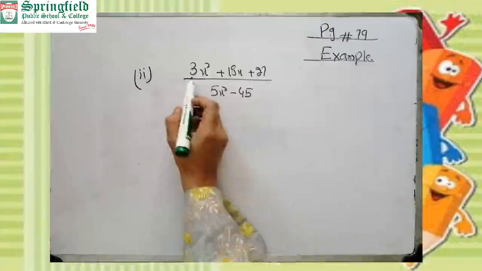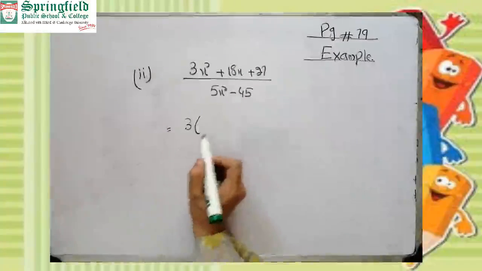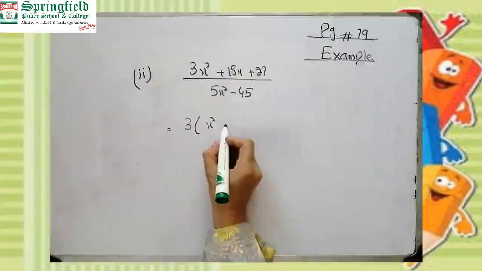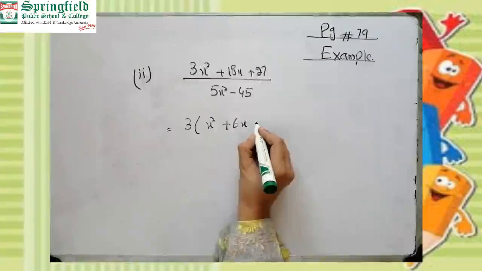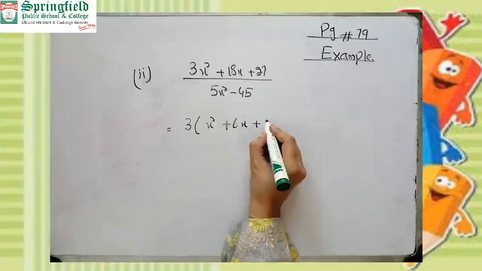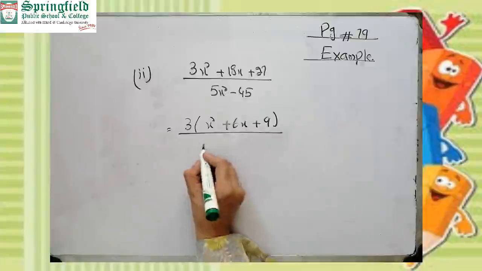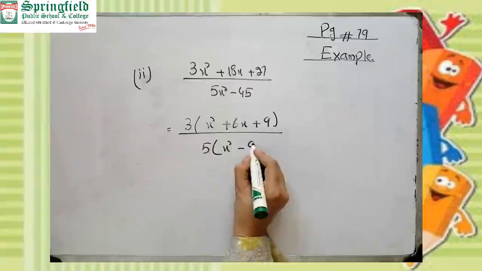Fine? So can we take the 3 common from the first expression? Yes. So 3 times x square plus 3 6s are 18 plus 3 9s are 27, divided by, then we can take common from here 5 times x square minus 9.